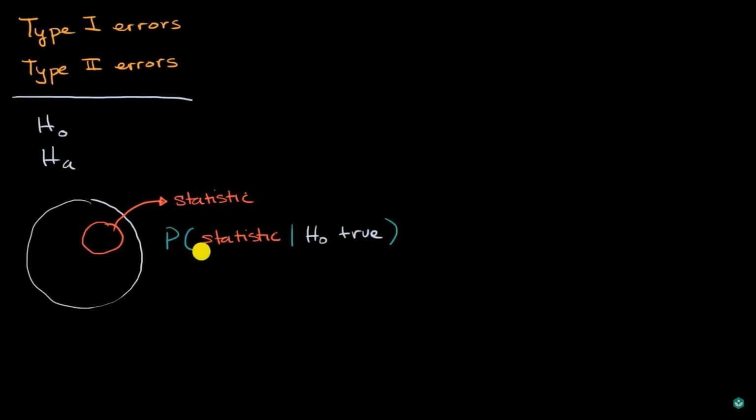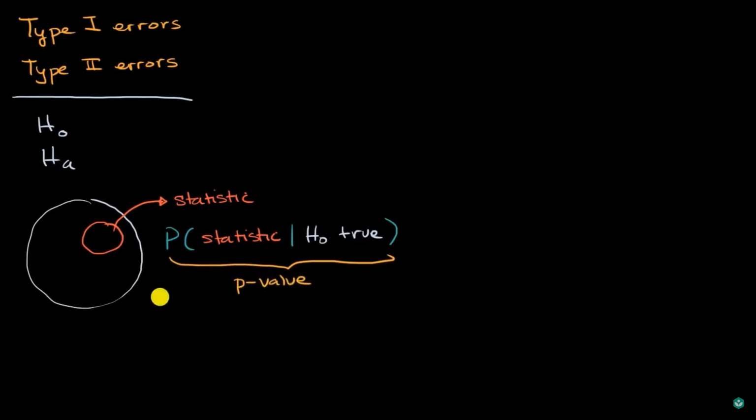And if this probability, which is often known as a p-value, is below some threshold that we set ahead of time, which is known as the significance level, then we reject the null hypothesis. Let me write this down. So this right over here, this is our p-value.